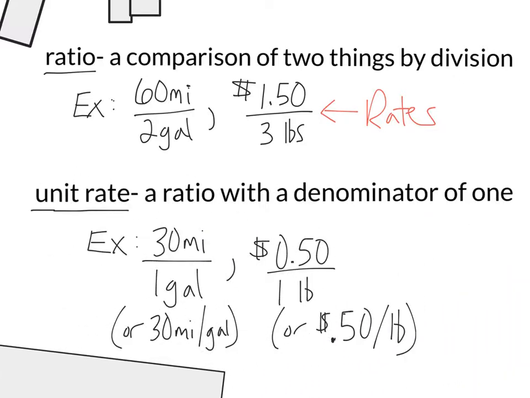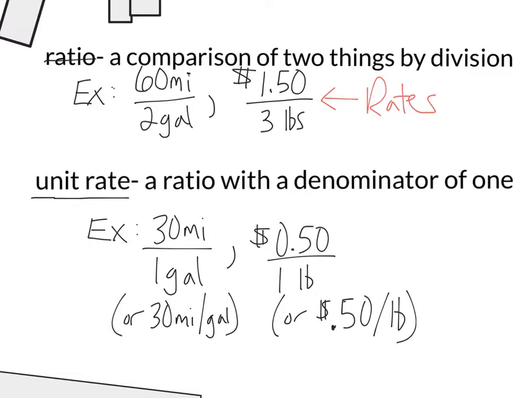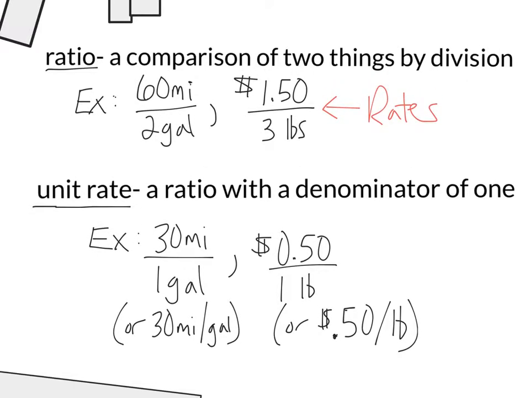And then branching off of that, we can talk about unit rate. A unit rate is a ratio with a denominator of 1.